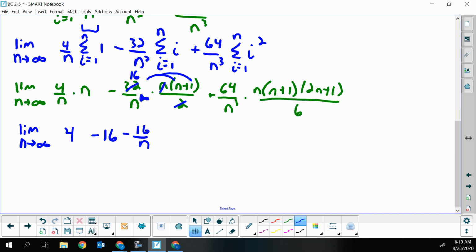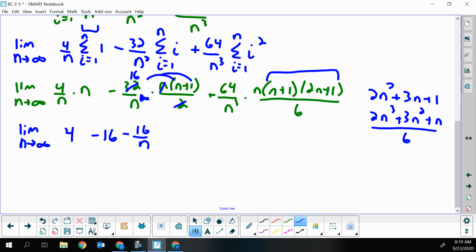Now this is going to be the messiest one. Let's first FOIL these two out. We'll get 2n squared. When we do the inside and outside, we'll get 2n and n, so in other words, we'll have 3n, and then plus 1. And then distributing the n through, you'll have 2n cubed plus 3n squared plus n, and that's all going to be over 6.